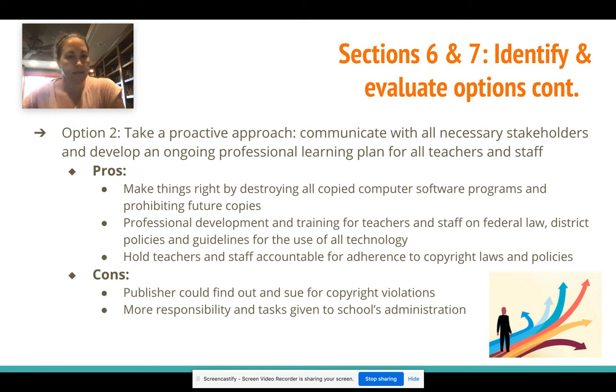The cons: the publisher could find out still and sue for copyright violations, and there's more responsibility and tasks given to the school's administration.